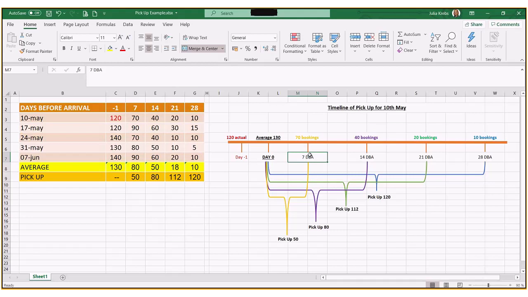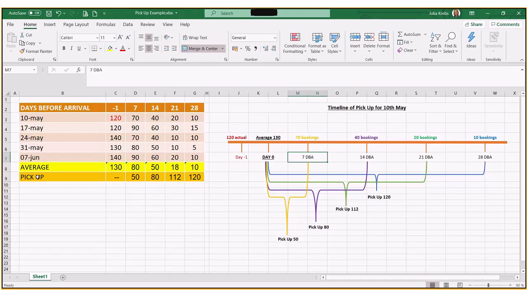Why? Because if you look at the time scale and the number of bookings we still estimate to pick up, everything seems to be in line because we keep picking up and multiplying bookings, from 10 to 20 to 40, but then it only goes to 70, where this should be at least 80 or more if we're still thinking of this pickup figure of 50.